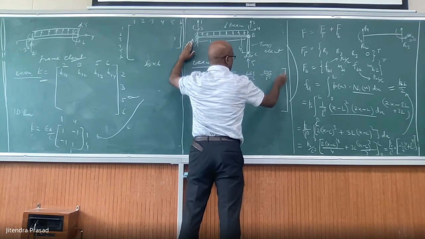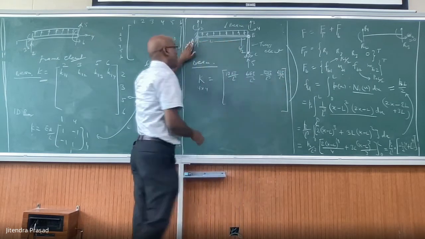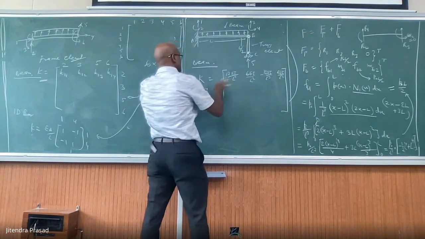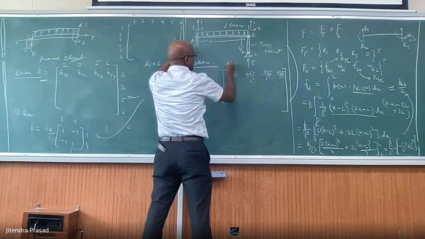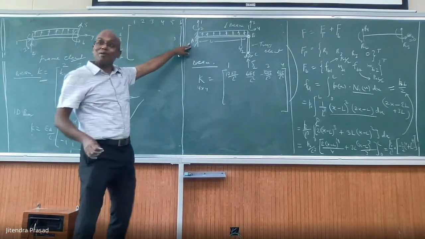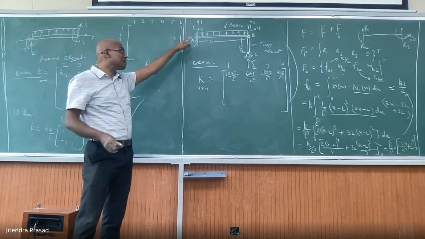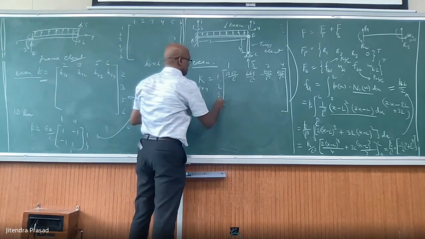Then you will have here 6 EI over L, right? And so on. Then 1, 2, 3, 4. There is no difference between the local and global in this case, because numbered such a way, it will remain the same, right? 1, 2, 3, 4.